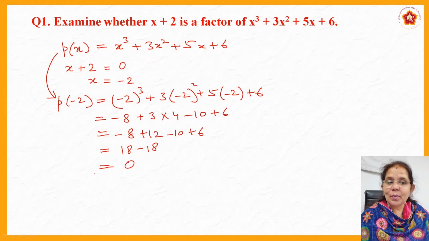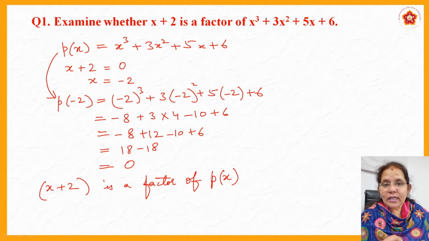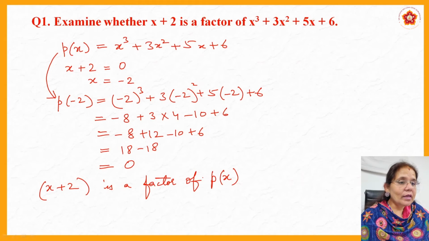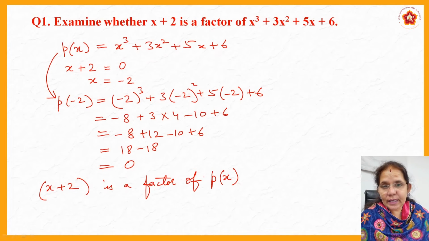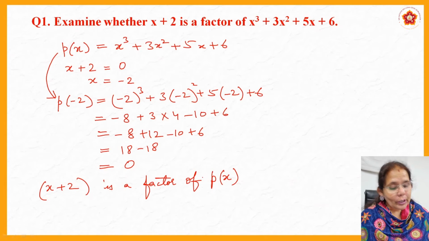Since our remainder is coming 0, we will say that x plus 2 is a factor of p(x). So in factor theorem, we have to ensure that our remainder has to come 0. If the remainder is 0, then the given algebraic expression will be a factor of the given polynomial.